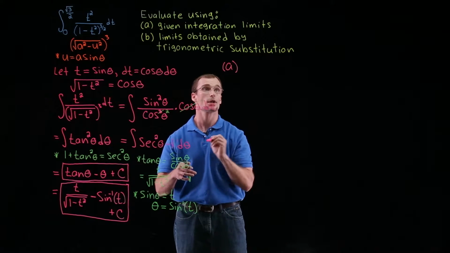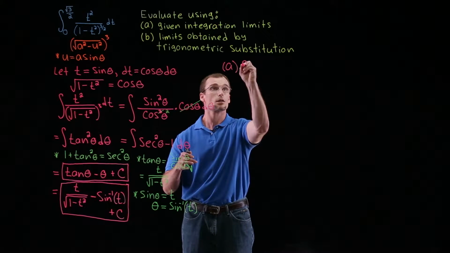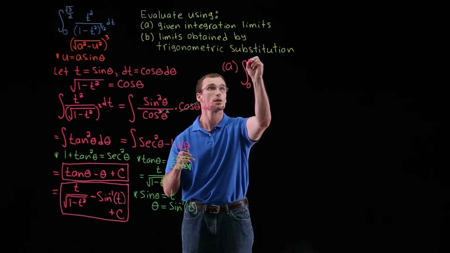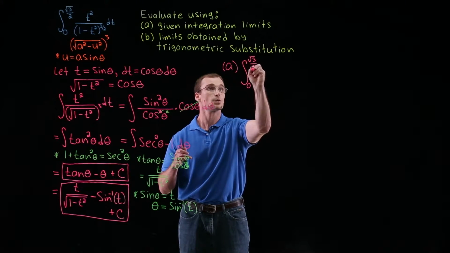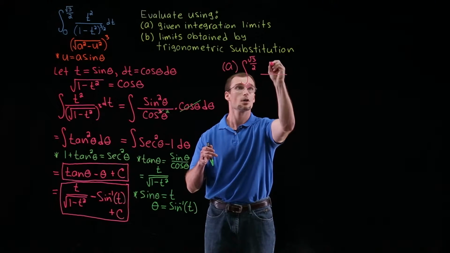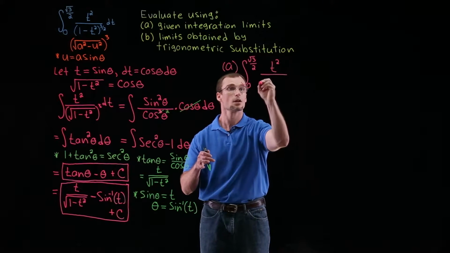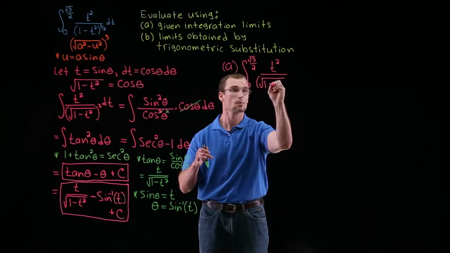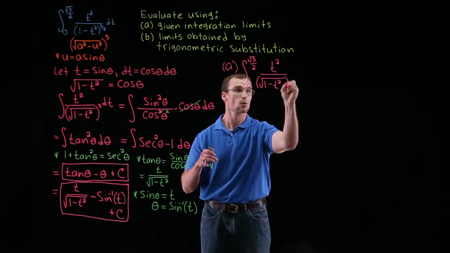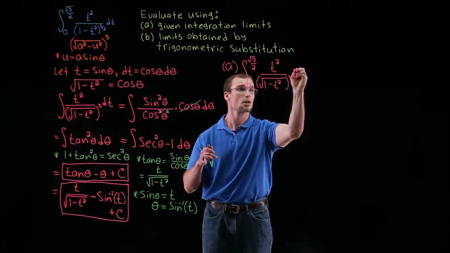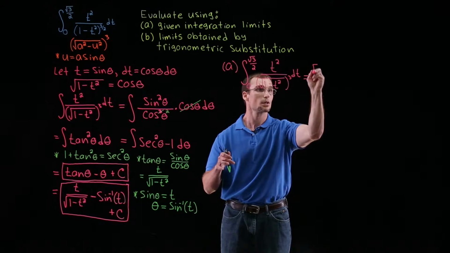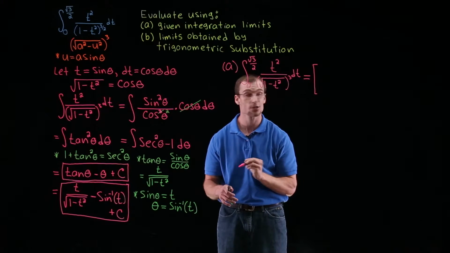All right. So for part A, we're taking our definite integral from 0 to root 3 over 2 of our function t squared over the square root of 1 minus t squared cubed dt. Right? And so this is equal to evaluating our antiderivative.